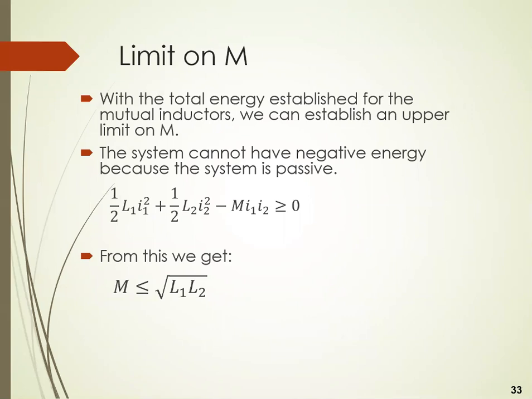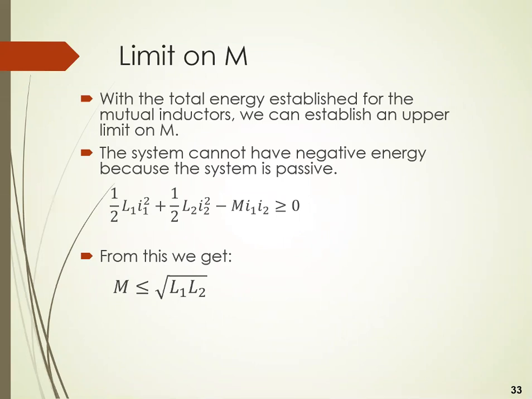With the total energy equation described for mutual inductors, we can now take a look at what could be the upper limit on mutual inductance. Well, the system cannot have negative energy because it is a passive system. If the energy is positive, it means the system is absorbing energy.